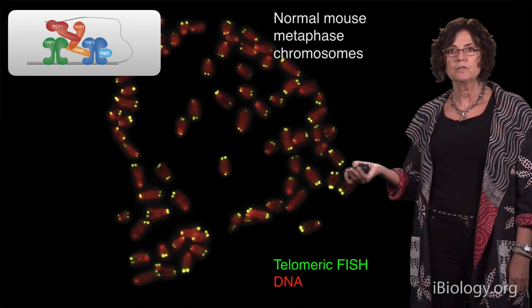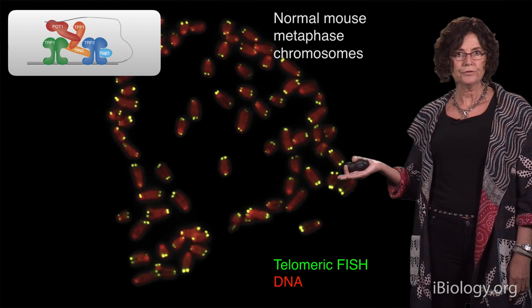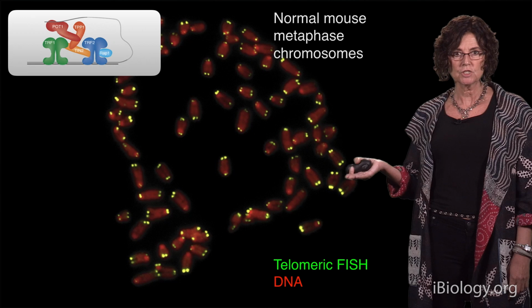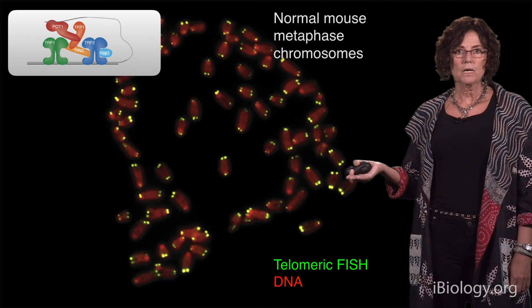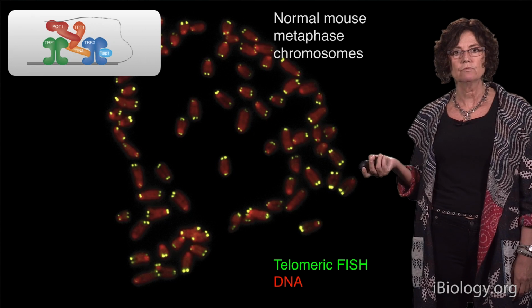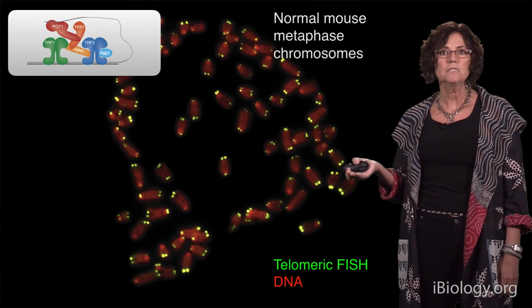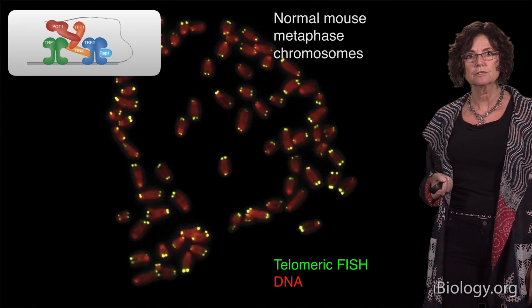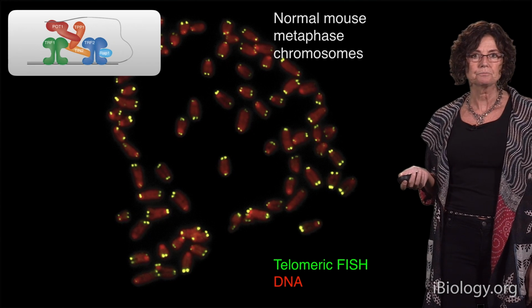So this is a metaphase of normal, healthy mouse cells in which the telomeres have a fully functional Shelterin complex. And what you can see is that these little mouse chromosomes, false colored in red here with a DNA stain, all have little telomeres highlighted by telomeric FISH at their end.